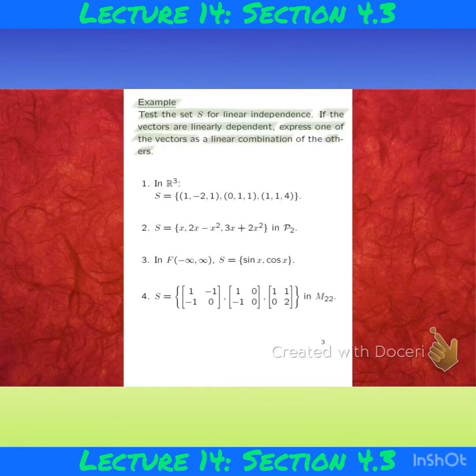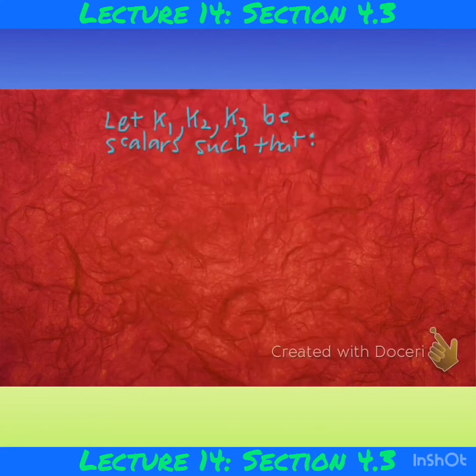Let's check R3. Let's say S is given as a set of 3 vectors, and we are asked to check whether S is linearly independent or linearly dependent. For question 1, we're going to take scalars K1, K2, and K3 such that the following holds.